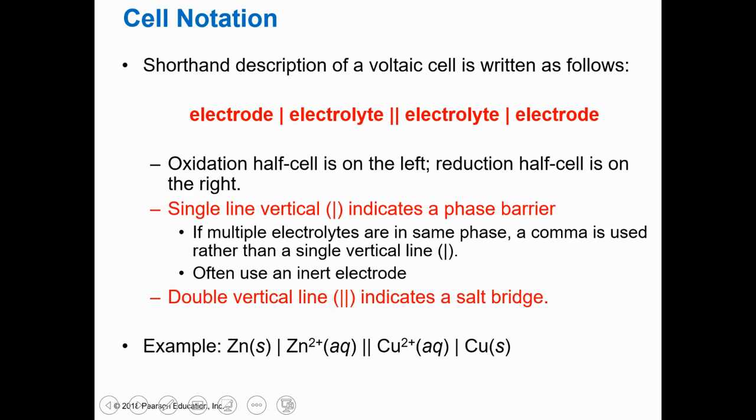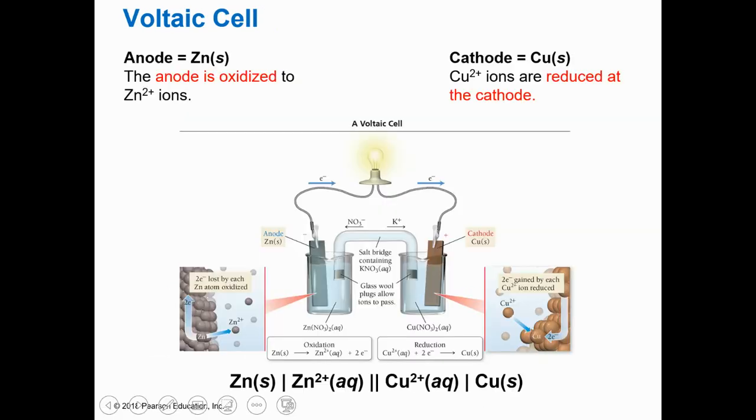Okay, here we see some cell notations, and there's going to be different ones. The electrodes, or the solid ones, will always be on the outside. The aqueous ones will be on the inside. And this double line bridge just indicates that we're changing sides, so that's where the salt bridge is. So here it's showing you at the bottom, we've got that cell notation, and where the anode is oxidized, and again, the cathode is reduced.